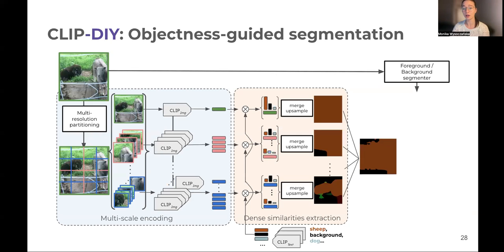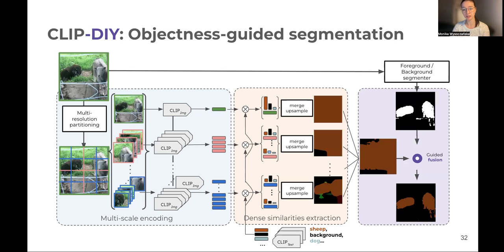We fit an image to an unsupervised foreground background segmentation method and extract the saliency map. Finally, we refine the predicted dense CLIP map from the previous step with the information about the background from the saliency detector. Precisely, we put non-salient regions to the background. For more details, I advise to have a look at our paper.